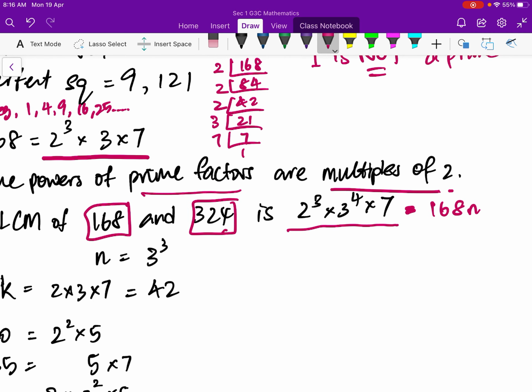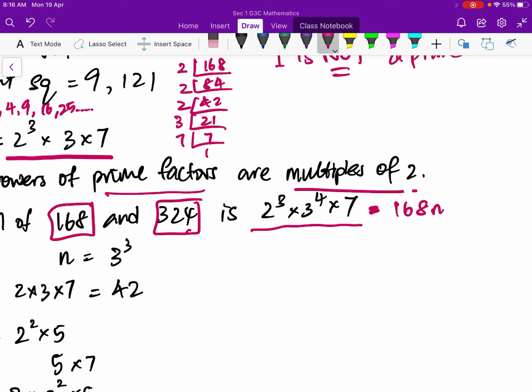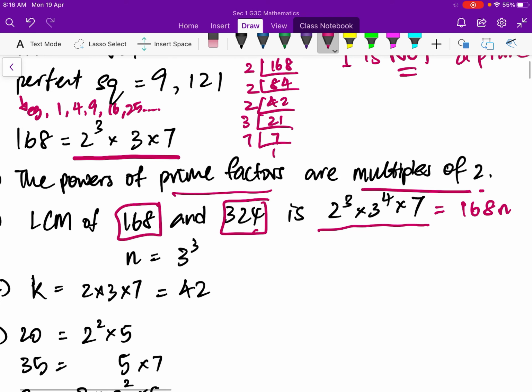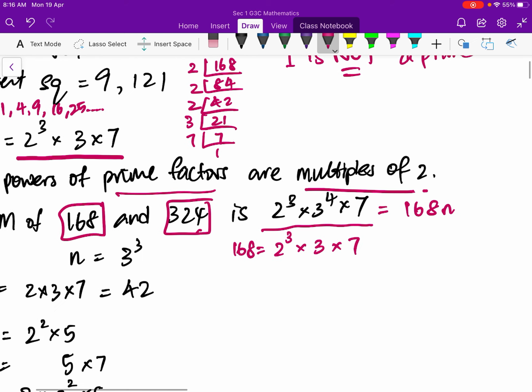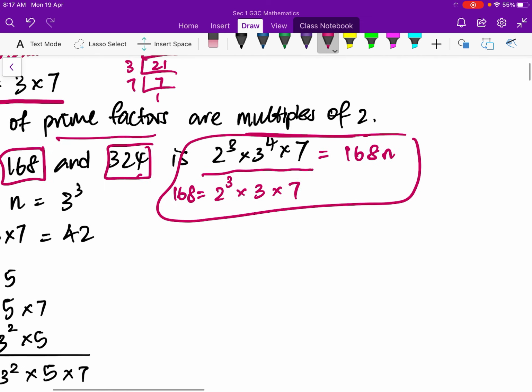2^3, 3^4 times 7. This is our 168n. Then you compare it with our 168. Earlier we found that 168 is 2 to the power 3 times 3 times 7. Compare these two. What's the difference?